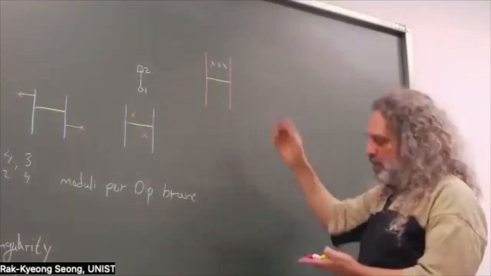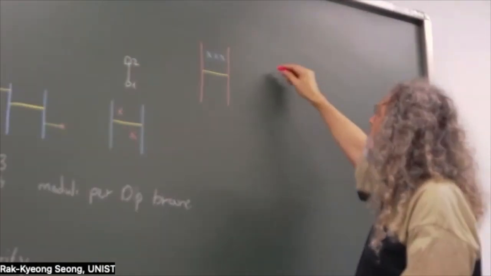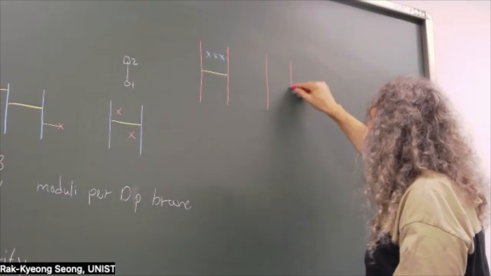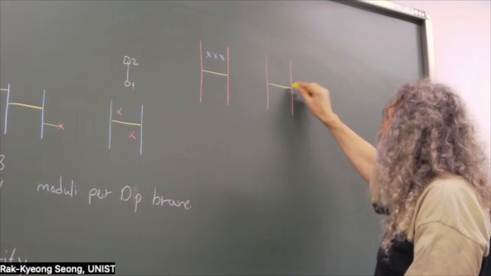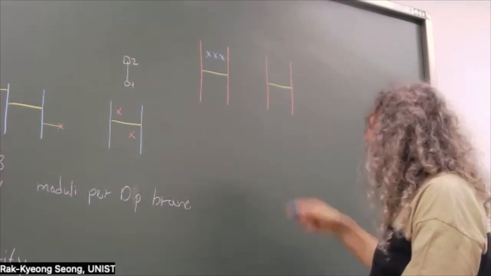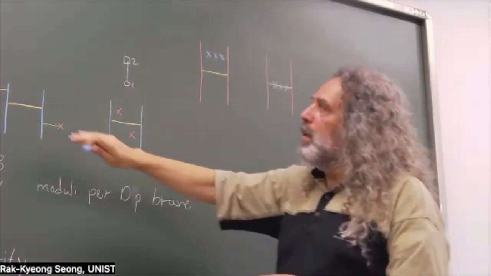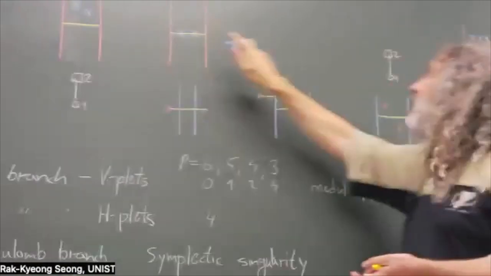So I do the same procedure. I first align them, so they will become like this. And when I did this, I had 3 segments. Now I have 4 segments. 1, 2, 3, 4.